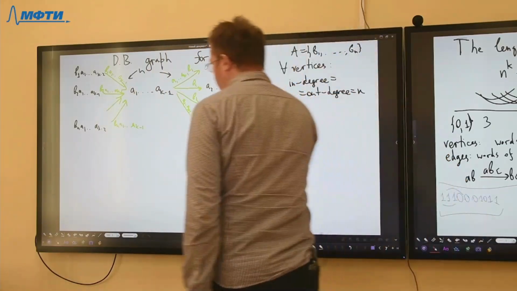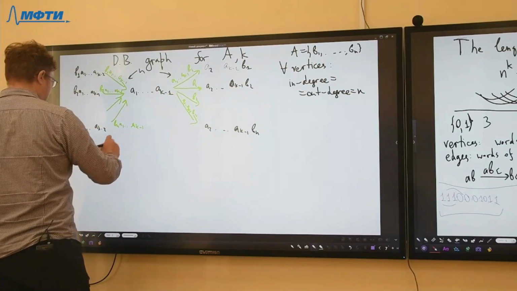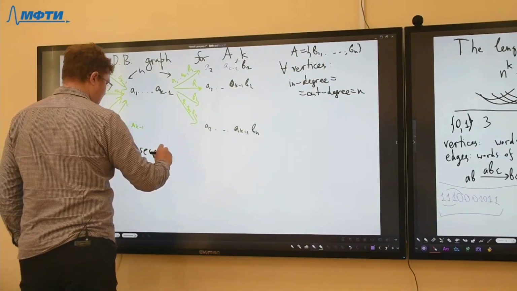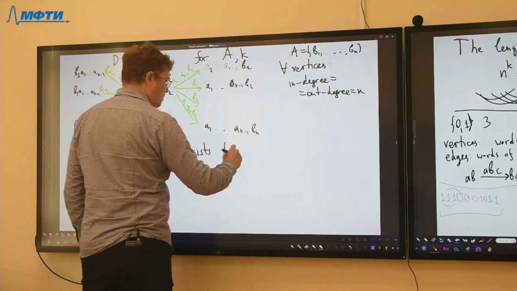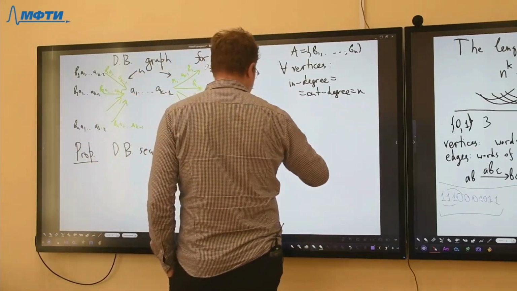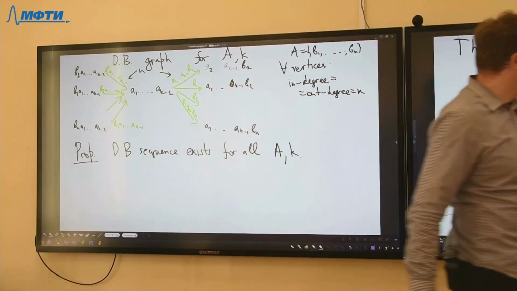So we have a proposition: a De Bruijn sequence exists for all a and k. And this is the answer to the first question: the sequence always exists.